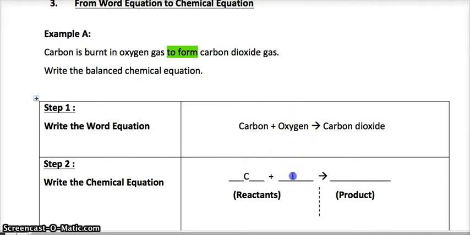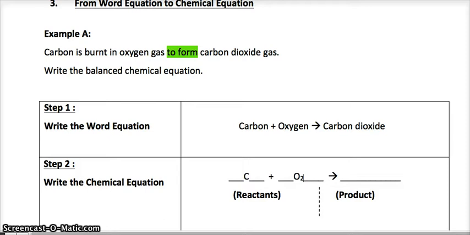For oxygen, some of you may conveniently write down O as the chemical formula. Now you have to bear in mind that some substances are diatomic in nature, and one of them would actually be oxygen. So the chemical formula for oxygen is O2.